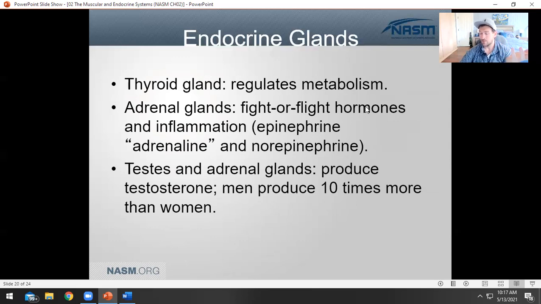which creates your fight or flight response. So if we go back to talking about our nervous system from yesterday, right? You have your sympathetic and parasympathetic nervous systems. Sympathetic freaks out, parasympathetic calms down. Well, if you're creating fight or flight hormones, that is under the control of your sympathetic nervous system. So your sympathetic nervous system, which is autonomic and under the control of your peripheral nervous system, triggers this to happen.